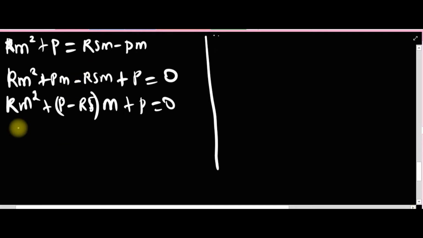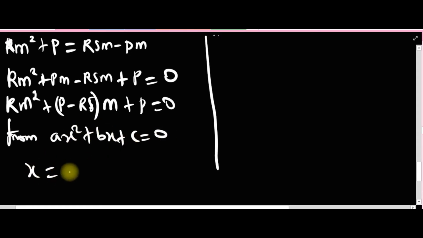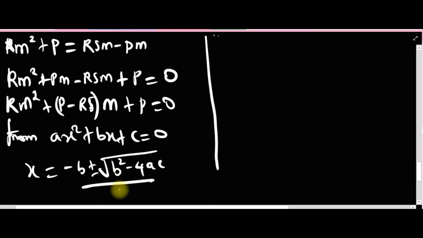So the next thing is, as you can see, this is a quadratic equation. From ax squared plus bx plus c equal to 0, our x is minus b plus or minus square root of b squared minus 4ac, over 2a. Do you remember?